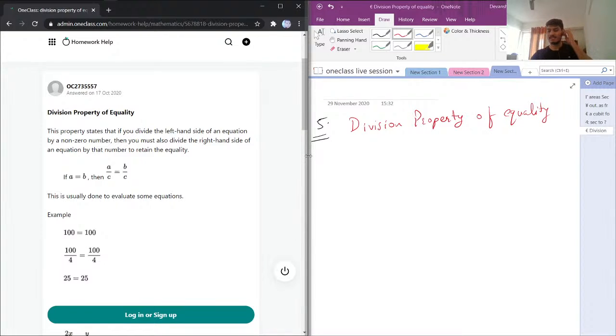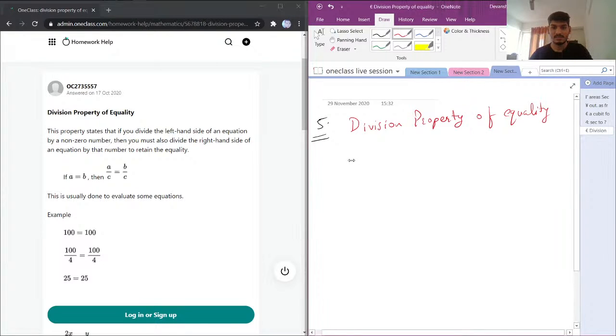This is the most basic thing in mathematics: suppose I have a equals b, and I'm dividing a by c, then to retain this equality I also have to divide b by c.